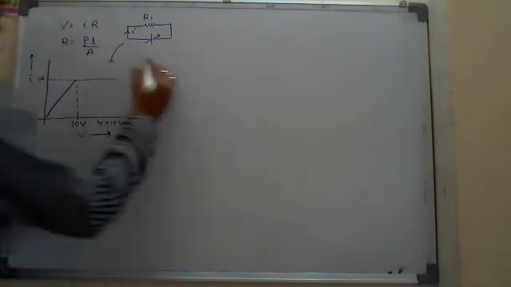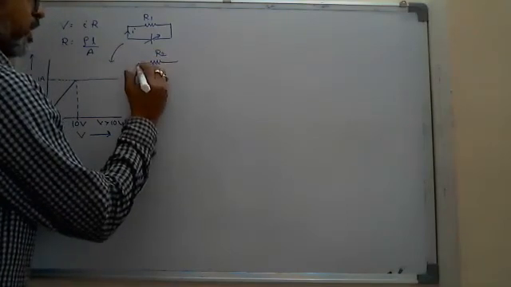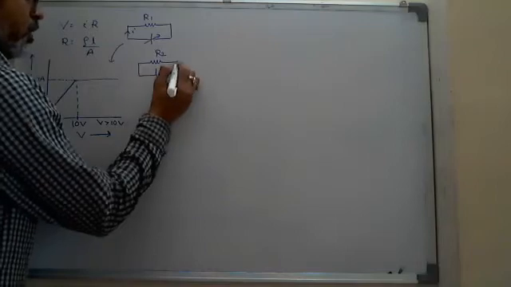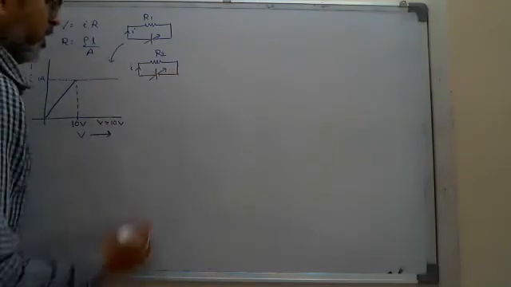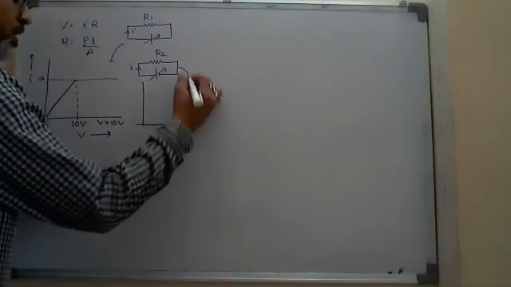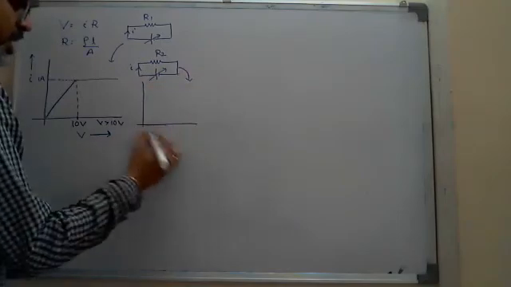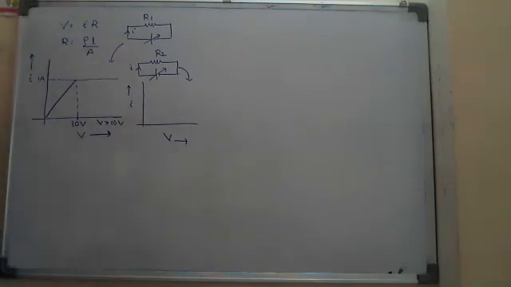And he took some other resistor here. It is R2, again connected to one source. By changing the potential, how the current changes in the second resistor, he observed like this. Okay, this is the graph related to the second resistor, and this is the current.